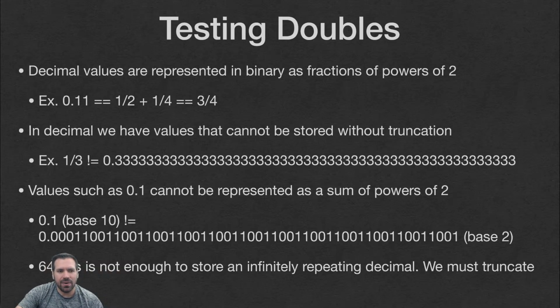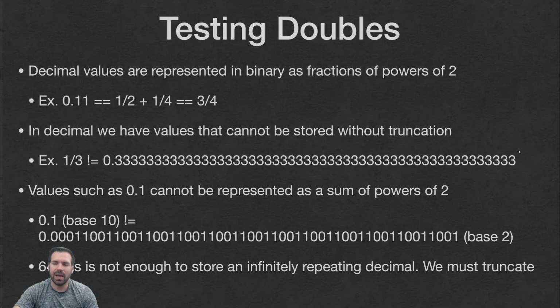So in base 10, or decimal, there are values that we cannot represent exactly as a decimal portion. You've certainly seen this in K through 12 at some point. If we have the value 1/3, we cannot represent that as a decimal. It cannot happen. So we can write 0.33333, but however many threes we write, it's not going to be enough because we need infinite threes to be able to write down this number exactly.